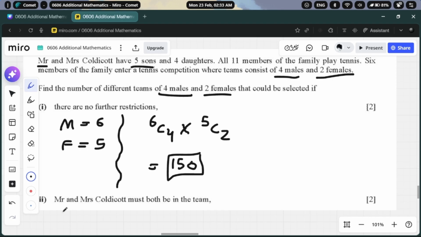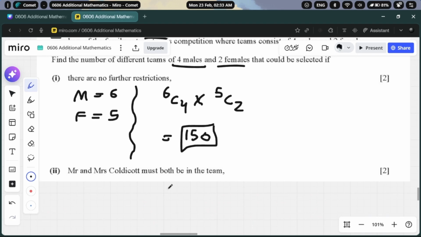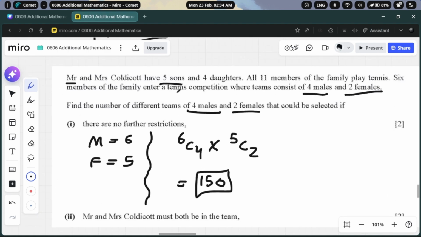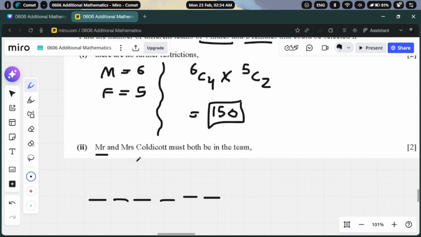Now you're told that Mr. and Mrs. Goldicott must be in the team. So you're selecting how many people? 6. 1, 2, 3, 4, 5, 6. And you're placing these two people beforehand. So Mr. and Mrs. These two are fixed.